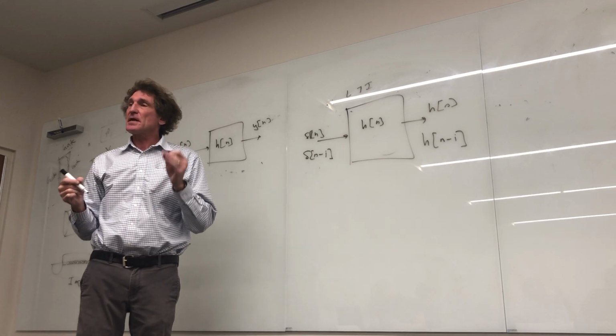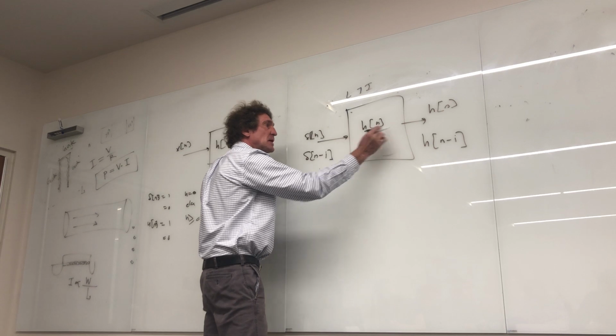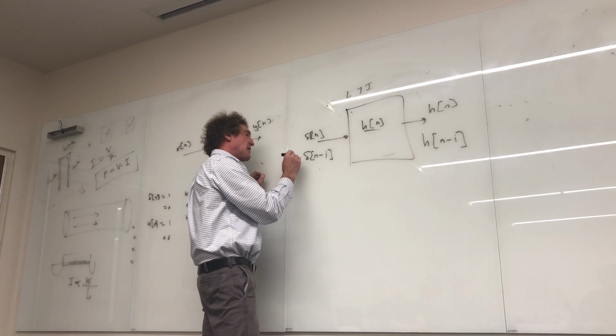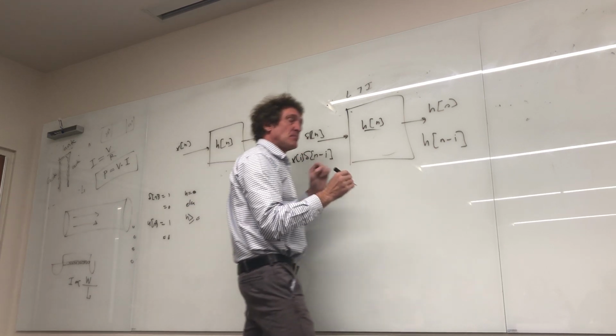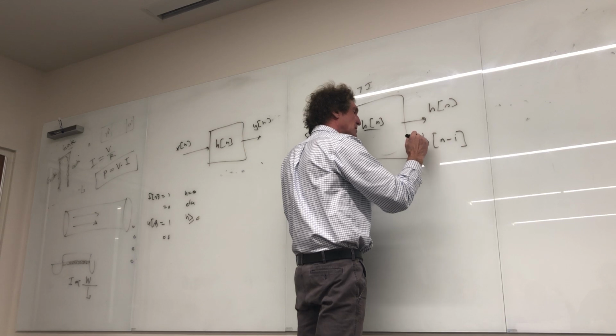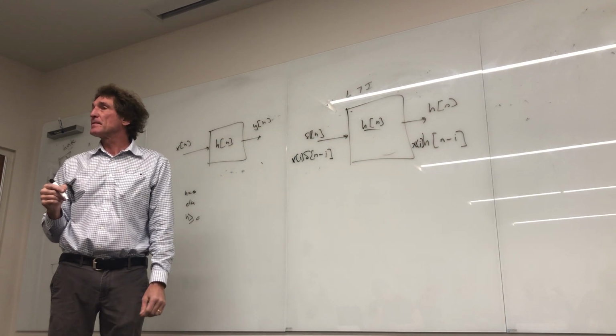Now we take that same expression and we multiply. Remember, this is a function of n, not I. We multiply it by x of I. And if we multiply the input by x of I, we multiply the output by x of I as well, correct? You all see what's going on?